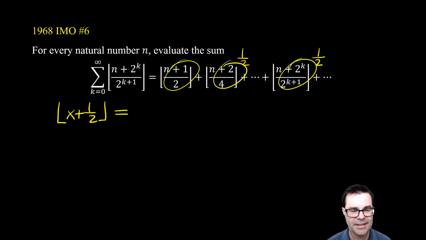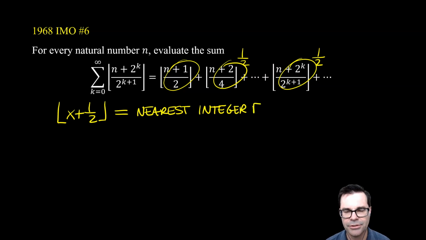And actually, this has a name. This is a function that returns the nearest integer to x. So this is the nearest integer function. Now I need to be a little bit careful here. There is a bit of an ambiguity regarding how you deal with ties, say, a number like 3.5.